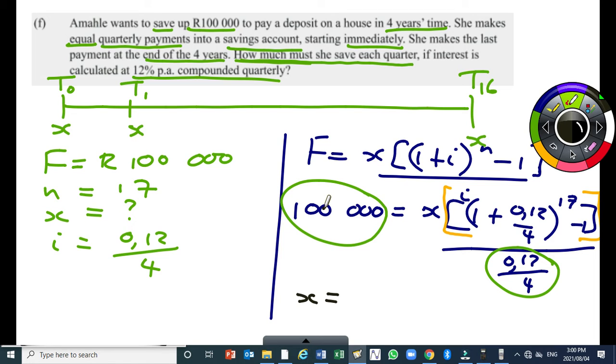Are you following that? So once I divide by whatever is inside the square bracket, that answer will be equivalent to what? To x. So I can say 100,000 times this denominator, 0, comma, but let me recalculate. Yes, please.